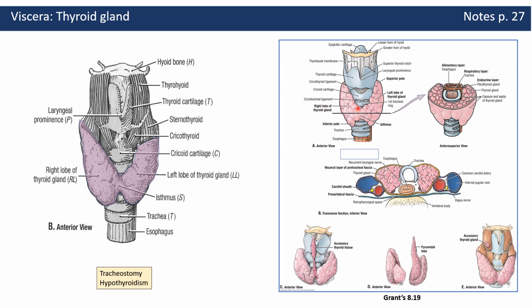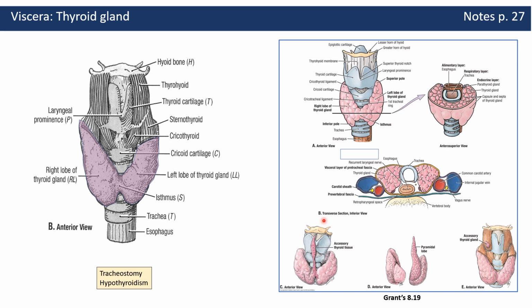Because the thyroid gland embryologically begins near the posterior aspect of the tongue and then descends to its final resting place in the anterior neck, thyroid tissue may be found anywhere along the way. So the thyroid gland is guided to this resting place by this thyroglossal duct.